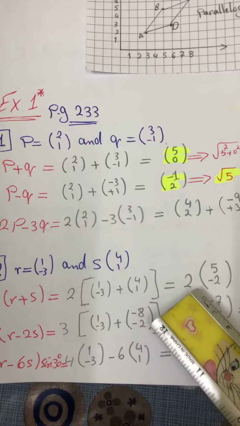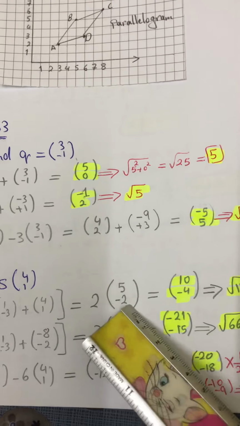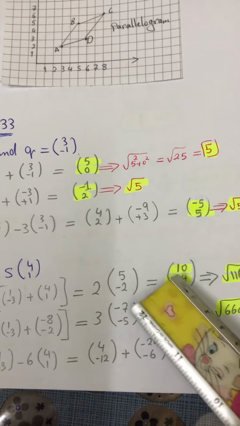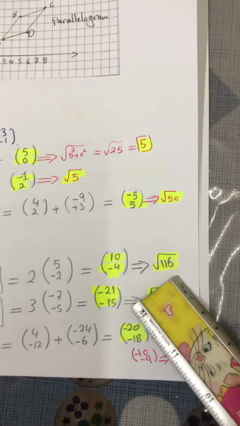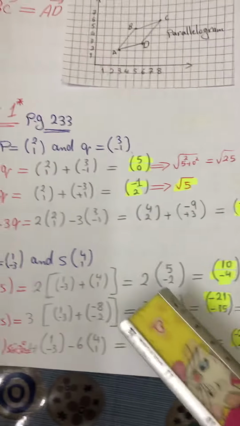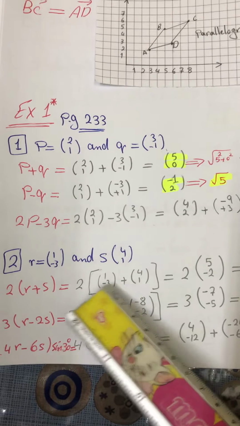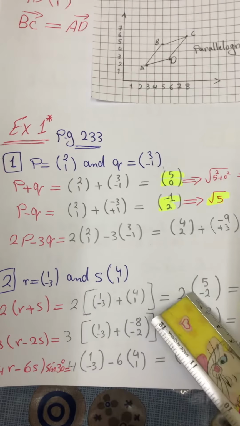So now I multiply 2 times 5 equals 10, and 2 times negative 2 equals negative 4. He asked you to find the magnitude, so 10 squared plus negative 4 squared under the square root. It will be the square root of 116. Take care how I order my operations: I put them between brackets, add, then multiply.